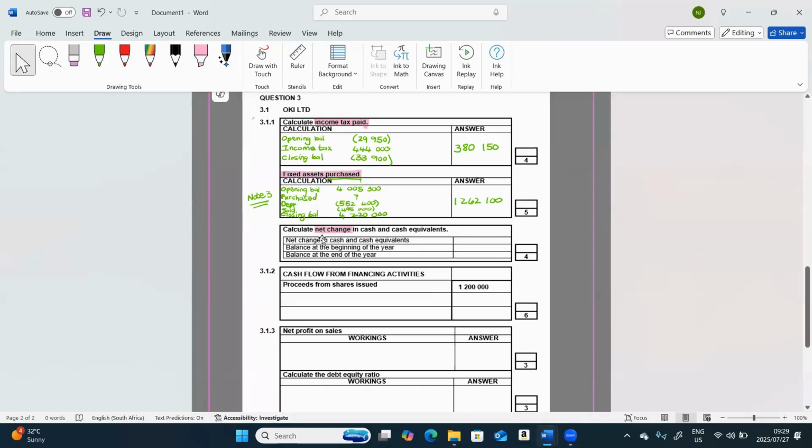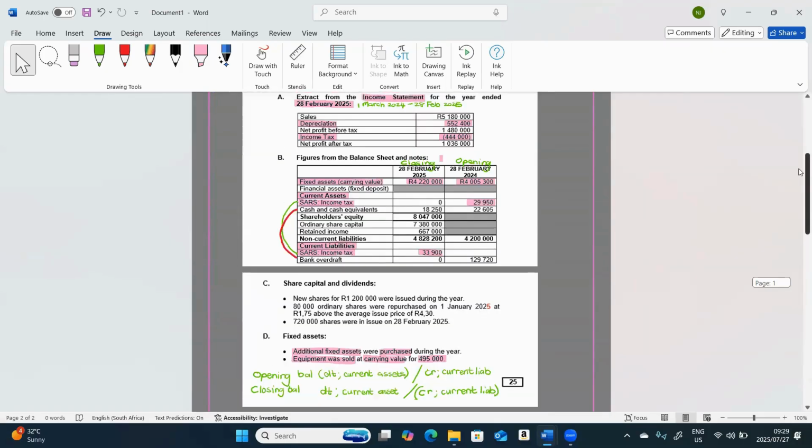You have to know that to get the net change in cash and cash equivalents, what do I need? I need the balance at the beginning of the year. I need the balance at the end of the year, and the difference between the balance at the beginning and the end of the year will give me the net change in cash and cash equivalents. So once again, format is very important. Format is given. So let's go and get the balance at the beginning of the year from our information.